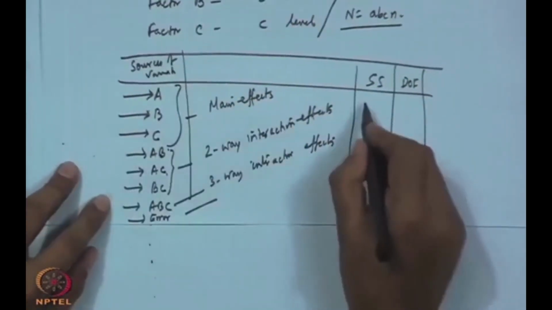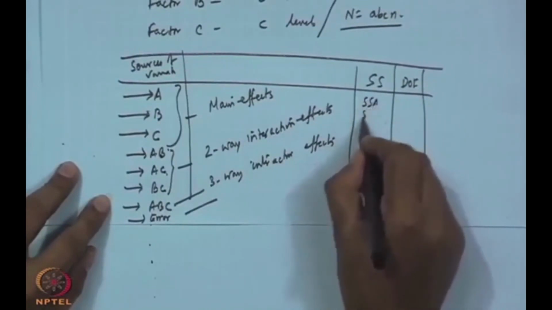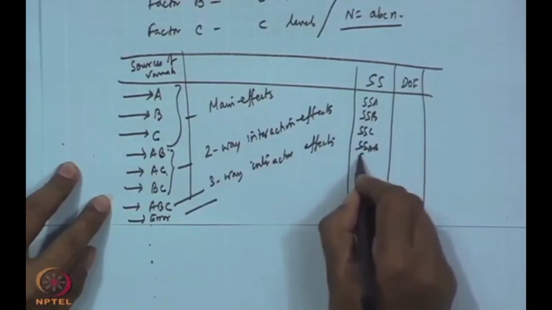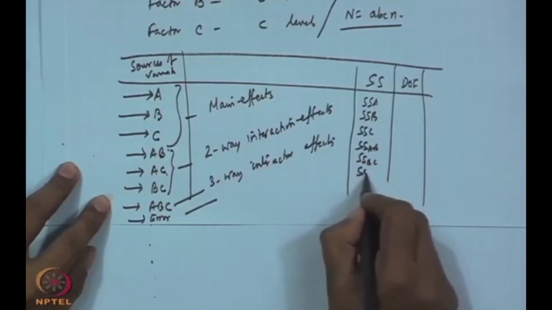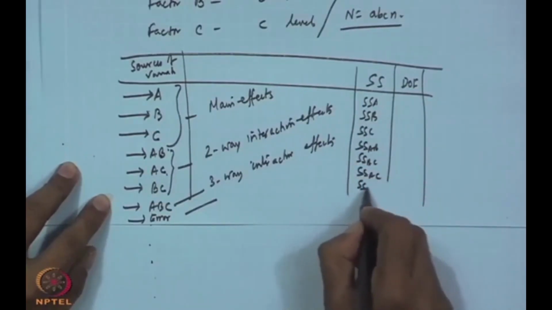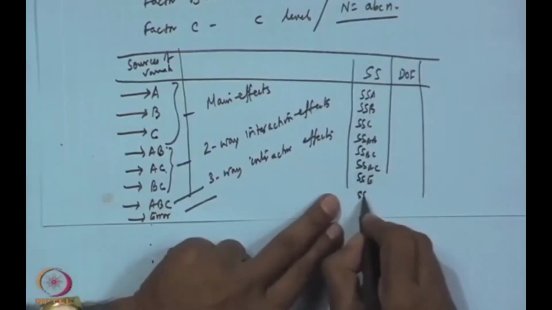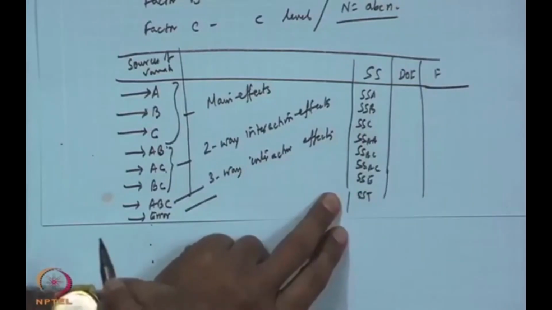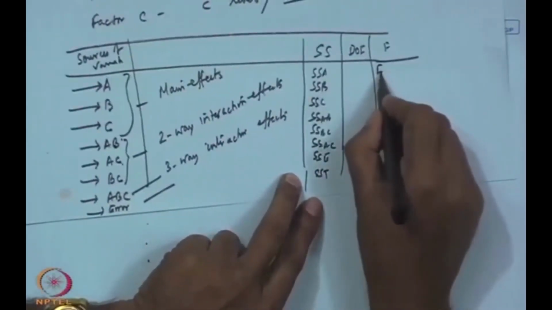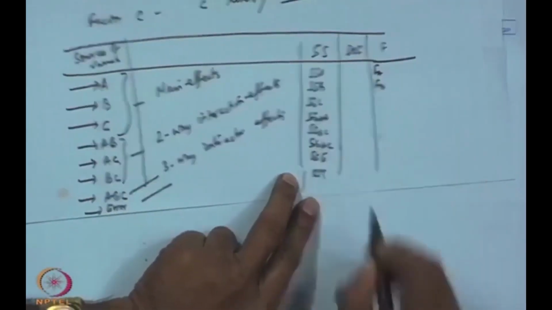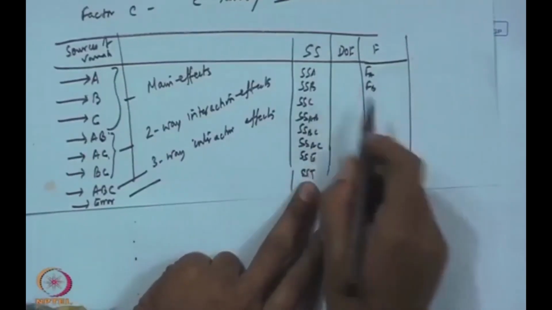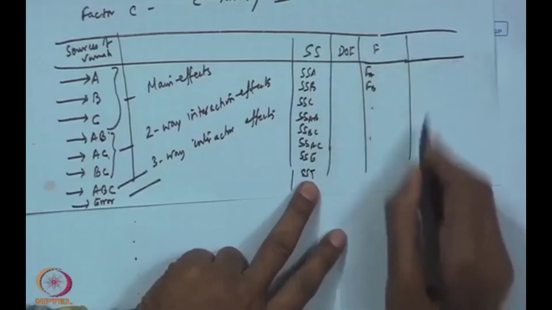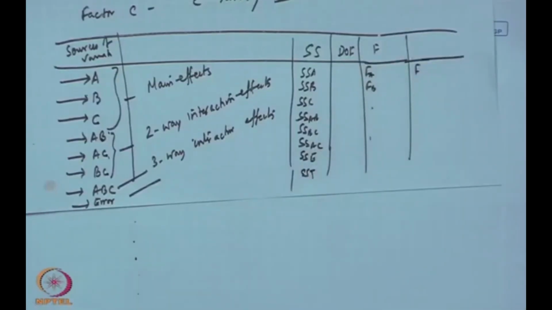Once you get all those things, suppose SSA, SSB, SSC, SSAB, SSBC, SSAC, SSE, then SST with all degrees of freedom, you have to compute FA, FB like this, and you know what will be the degrees of freedom for the tabulated value of the F you calculate.